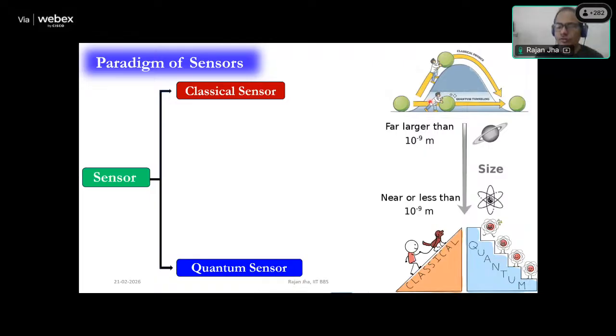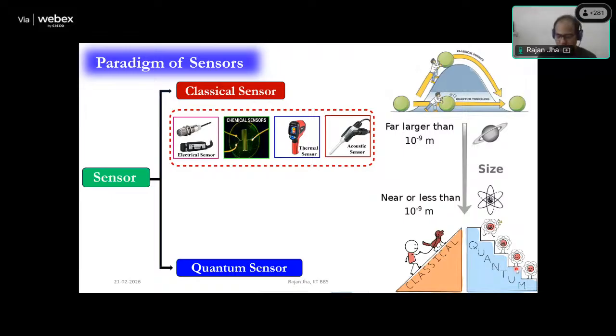Quantum behavior is shown by subatomic particles, whose size is comparable to the de Broglie wavelength. They exhibit strong quantum confinement, so they show features like quantization of energy: rather than a continuous energy level, there are steps in the formation of the energy levels.